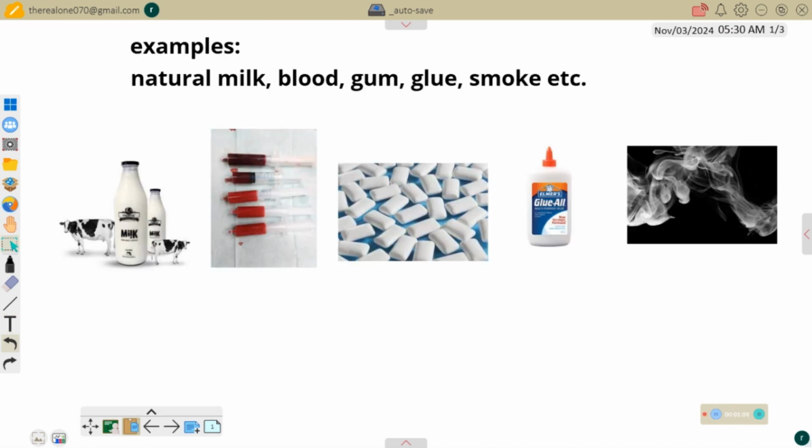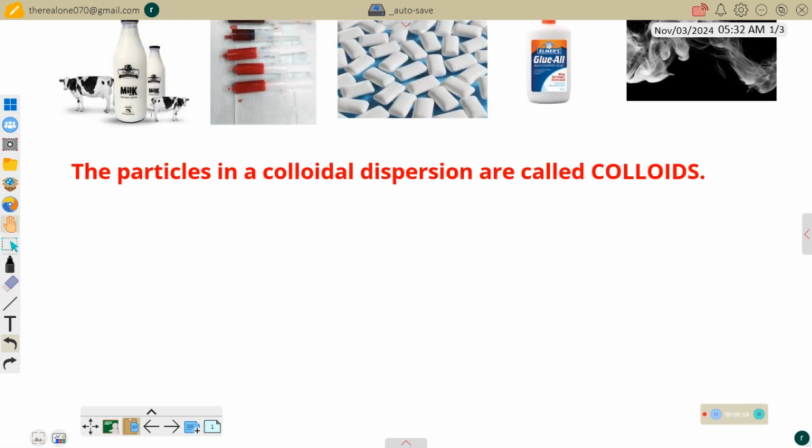Now, it should be noted that the particles that dissolve in a colloidal dispersion are known as colloids. Colloids are bigger than crystalloids. Crystalloids are the dissolved particles in a true solution.